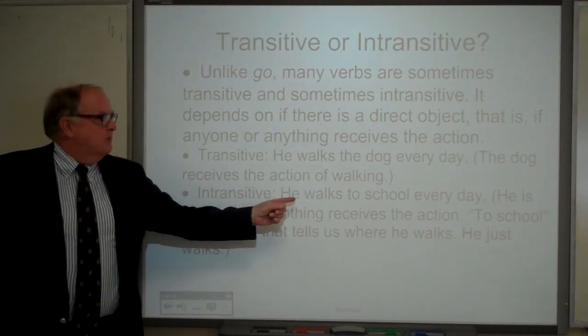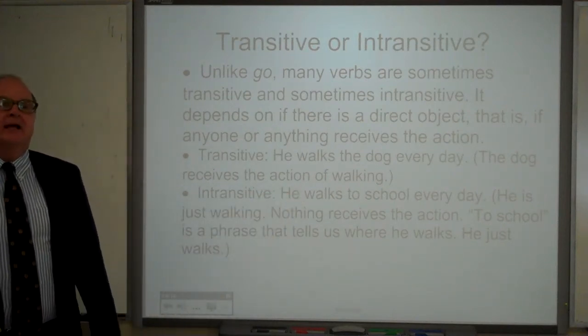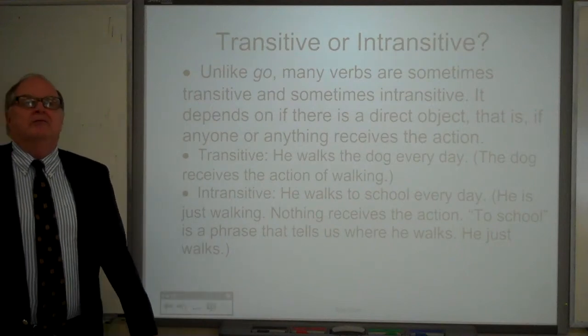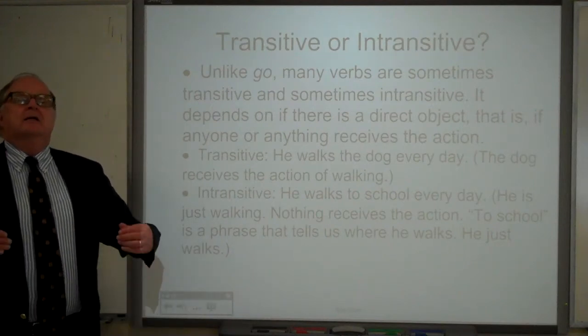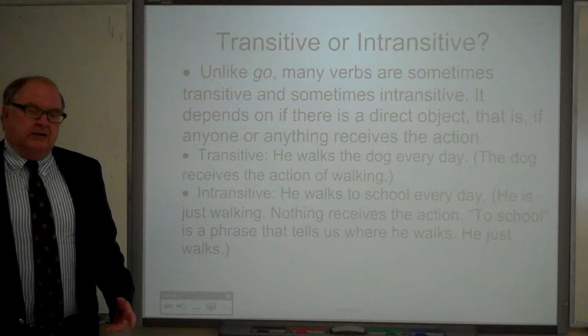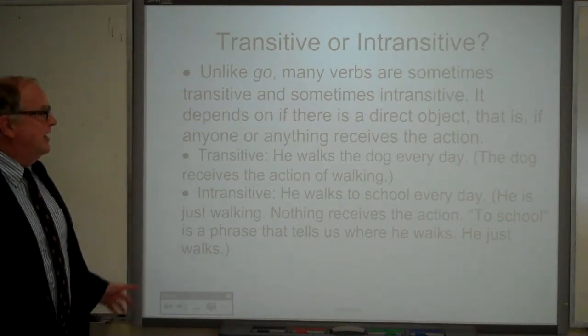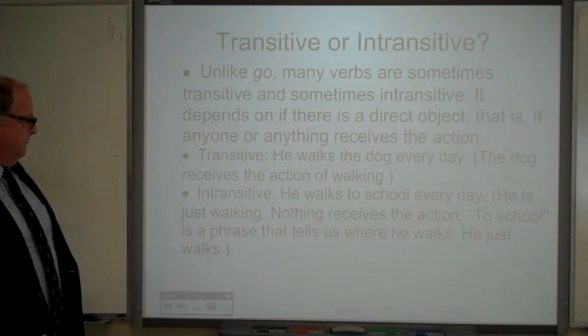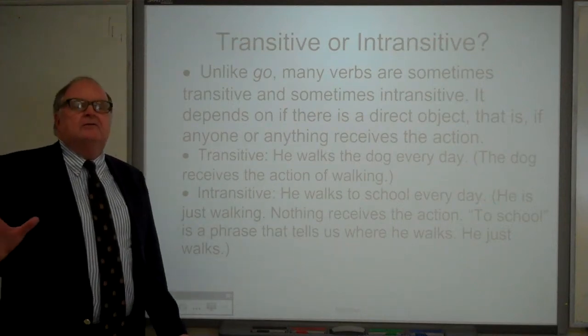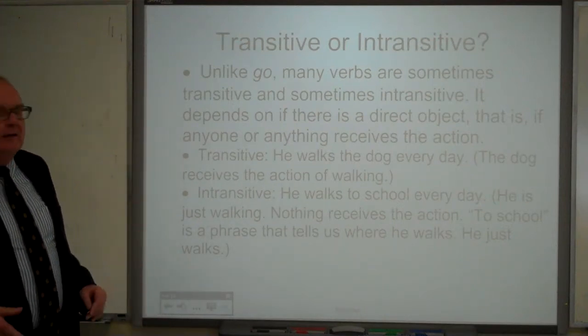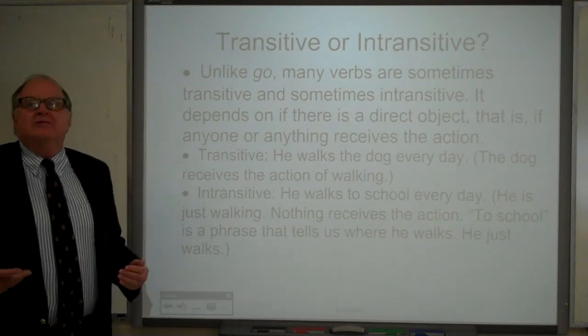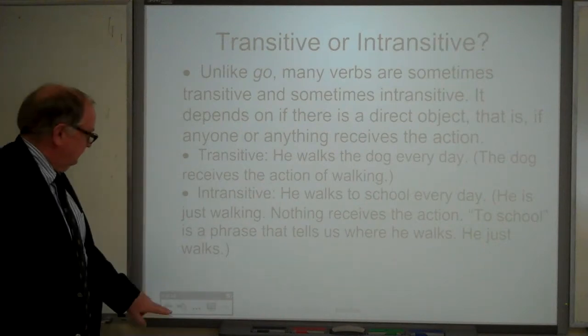Whereas in this sentence, he walks to school every day. This is intransitive. He is walking, but he's not doing that walking to anything else. He's just walking. Okay, so that is intransitive. To school tells us where, but the school is not receiving the action of the walking.